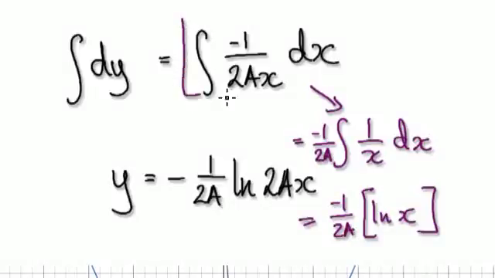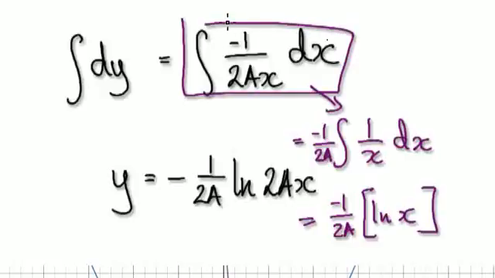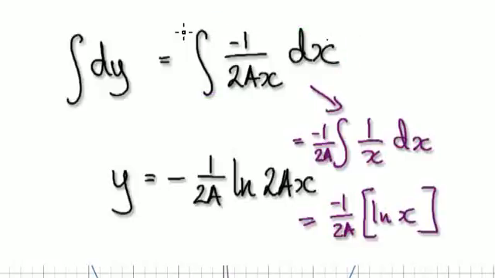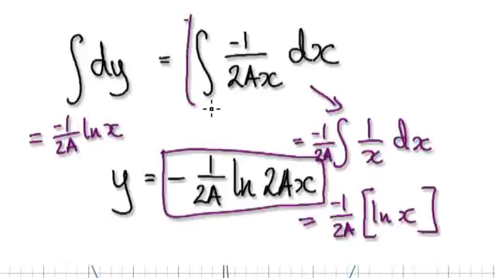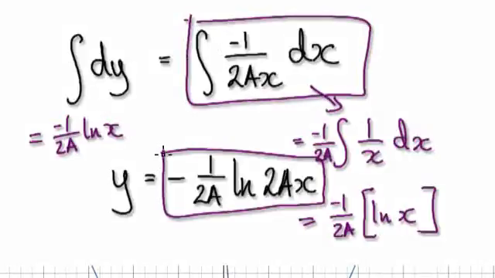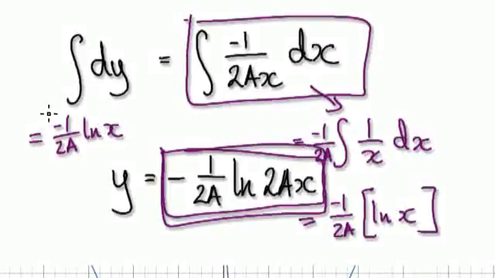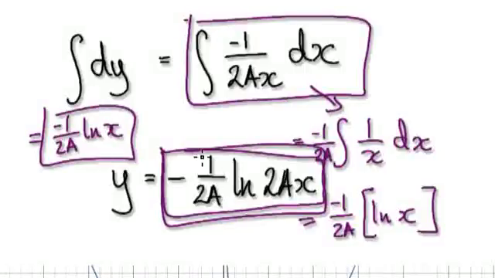Given this, when you try and find the antiderivative of this, you can get this solution, or you can get this thing here. Let me just tidy this up. This thing here is 1 over 2 capital A natural log of x. So when you come to integrate this, you could get this, or you could get this. But what's going on here?